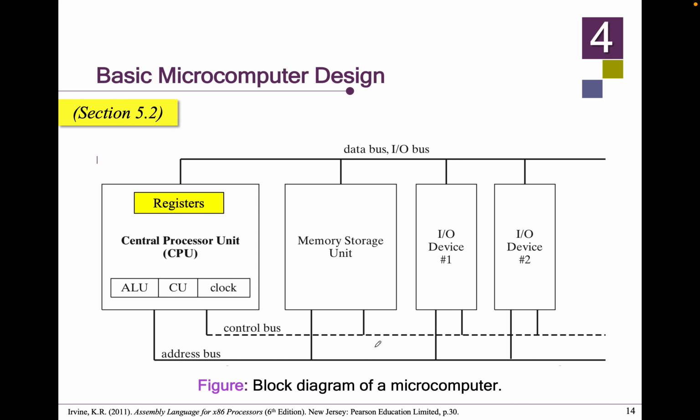Okay, this is a block diagram of a microcomputer. If you have a microcomputer, of course you are going to have a CPU, which contains the ALU, CU, and also registers. Sometimes you also have a clock there.